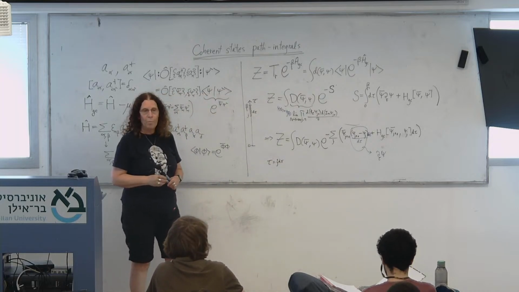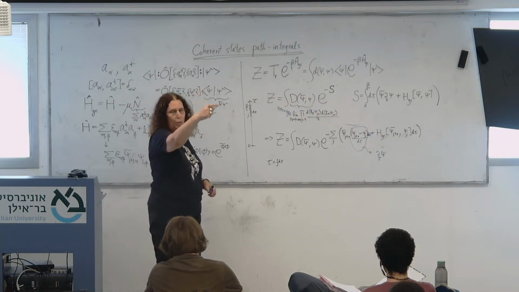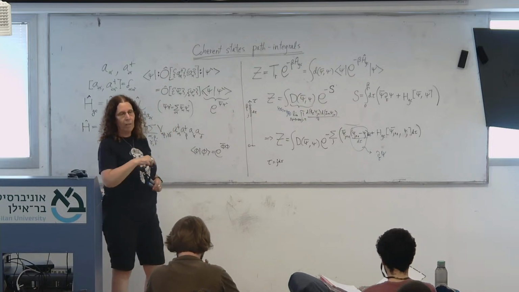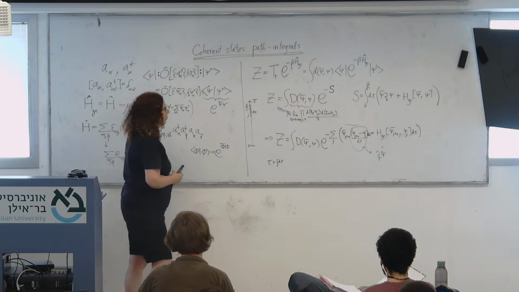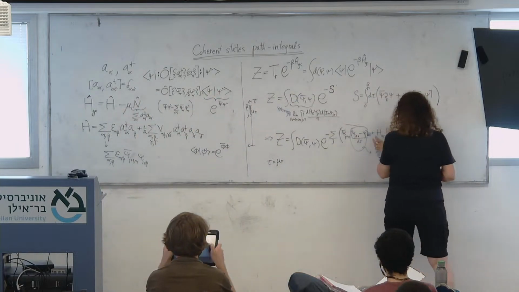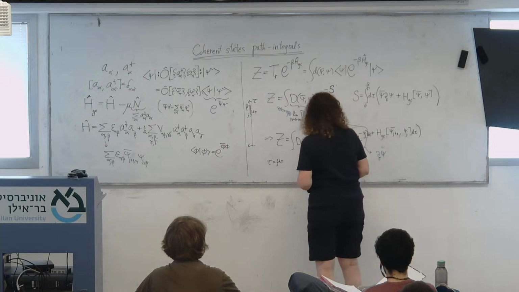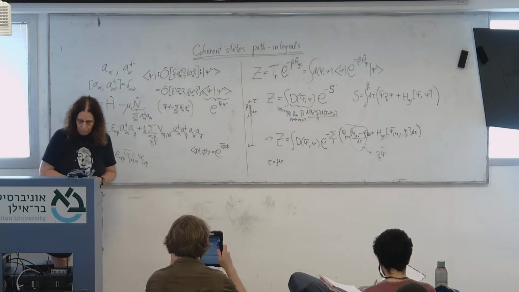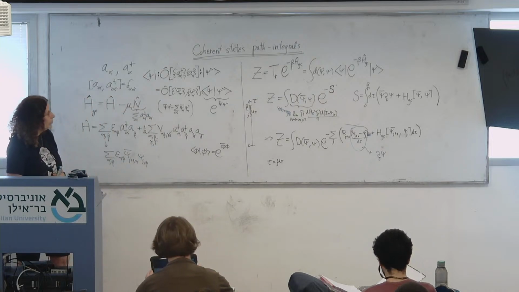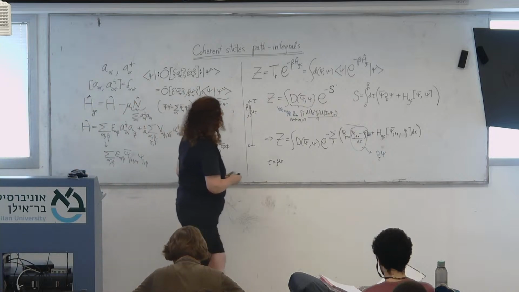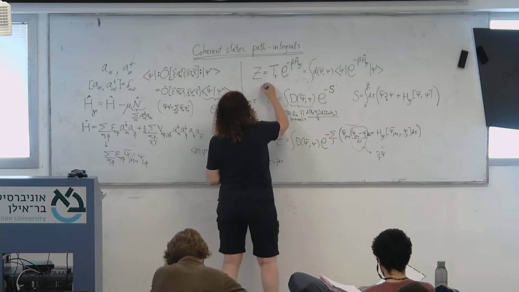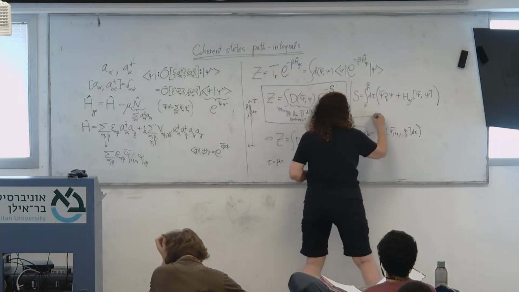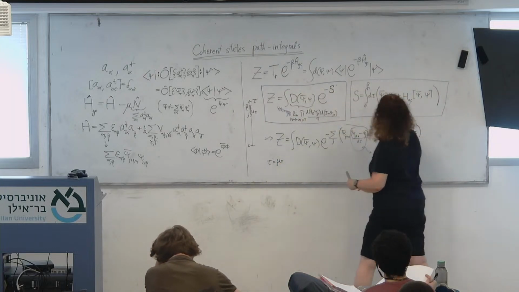So I'm integrating over all the possible trajectories that go on a circle of length beta in the tau direction. And what you have here is just the expression for the Hamiltonian. I can put it in a box because this is now a final result which is general.